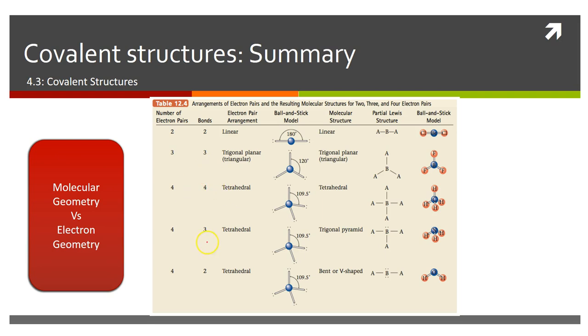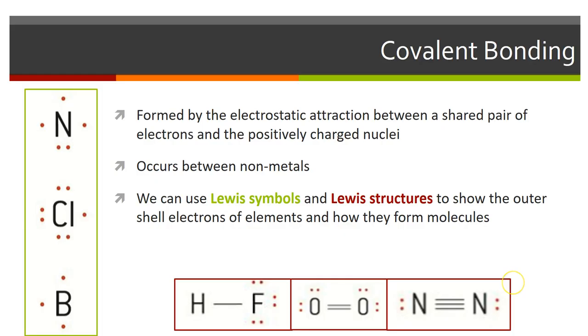Okay, and then when we get to tetrahedral, we have 3 bonding pairs but 4 electron pairs overall. And then in this one, this is a bent or V-shaped, where we have the 2 electron pairs involved in the bond and 4 electron pairs overall because we have the 2 non-bonding pairs. And we will look at that in more detail.